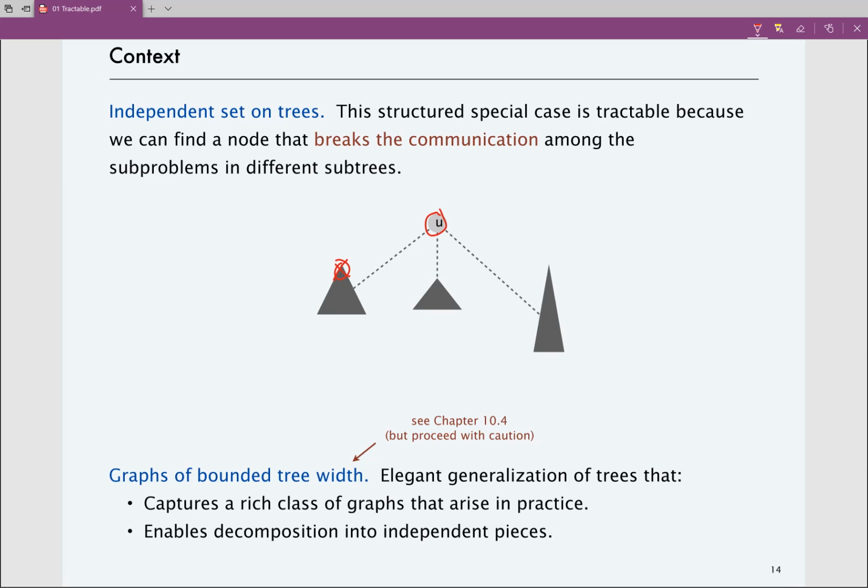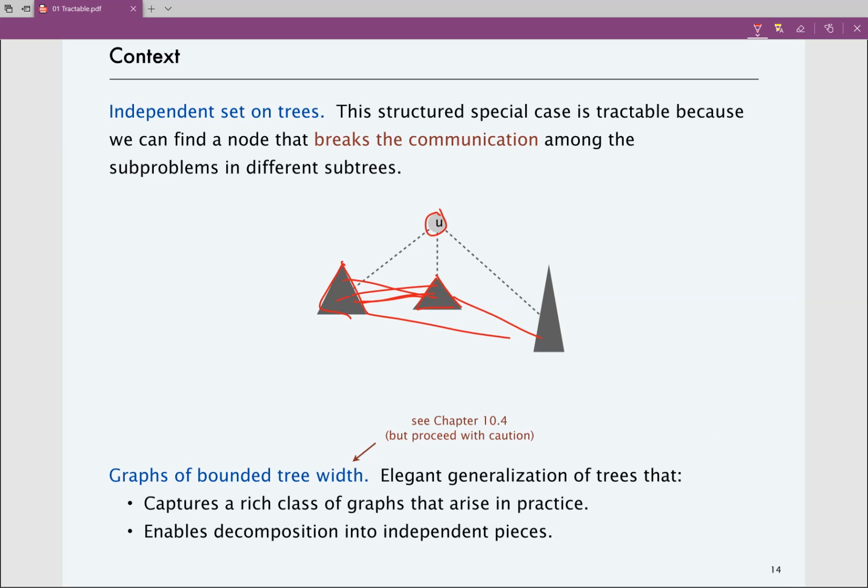In a general graph, of course, if we're not in a tree, there could be edges between these different subtrees. In that case, we cannot solve these independently, because if we make certain decisions in this subtree and certain decisions in this other subtree, then due to these possible edges between the subtrees, these decisions have to be consistent with each other.